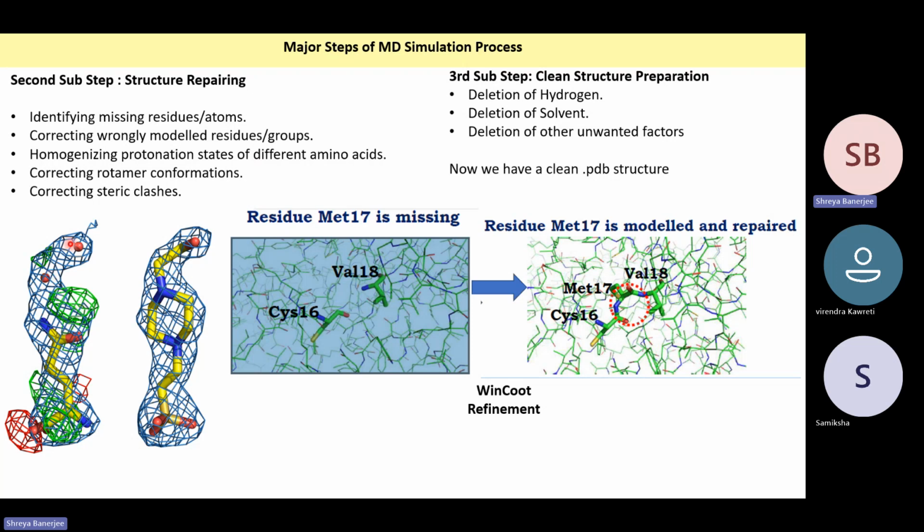You have an unknown protein for which you want to do the simulations. So in that case, from X-ray crystallography, you will get the electron density map, but sometimes there can be mistakes like missing residues or the proper side chain has not been included. So that needs to be corrected before any simulation can be done. But if you're taking the structure from the PDB, these corrections have already been done, so you don't have to do it again. Okay.